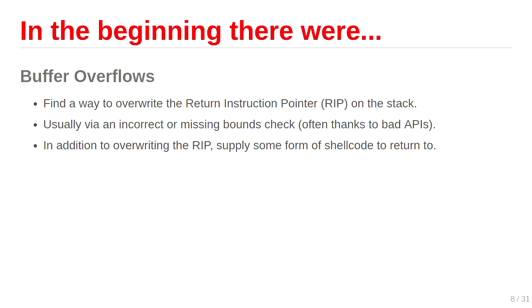And in addition to overwriting the return instruction pointer, usually the goal was to supply some sort of shell code that this would return to. So we would take something which would simply overwrite bounds, would provide some interesting information, including the return instruction pointer, a chunk of shell code, and lo and behold, we have a shell. Or whatever other thing we want to exploit.